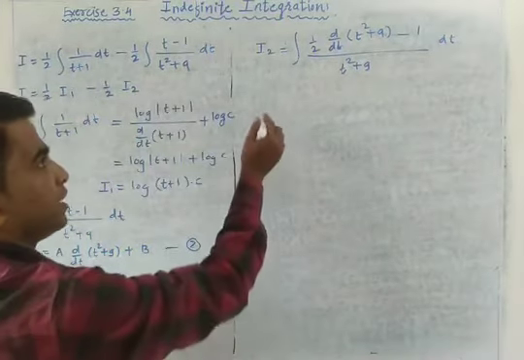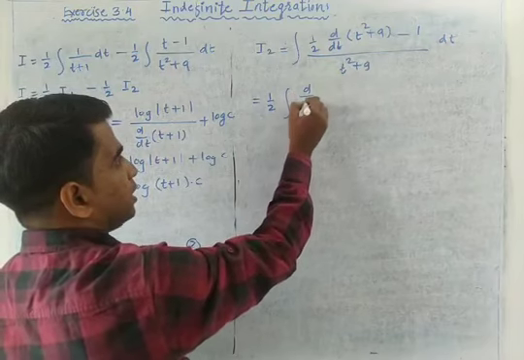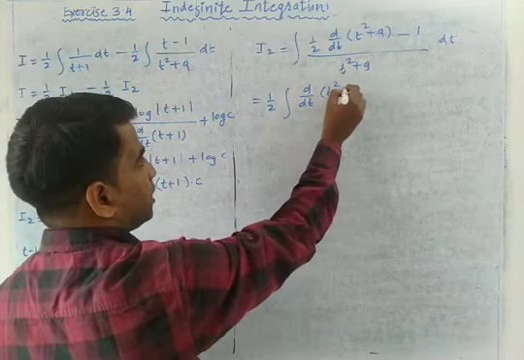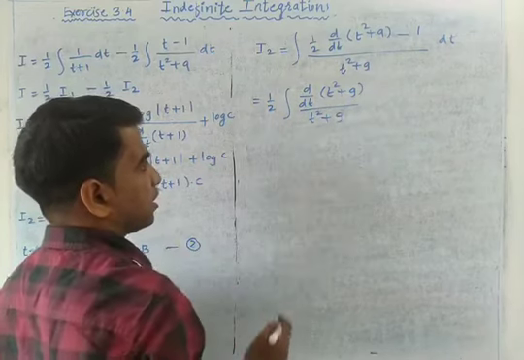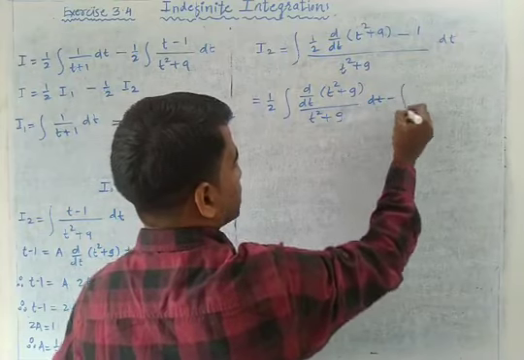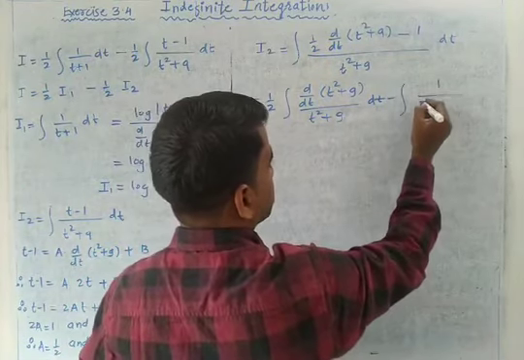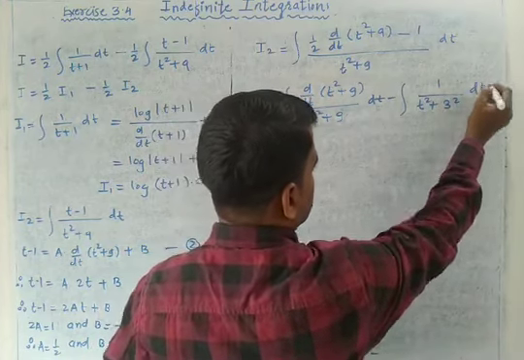Now separate the integration, take constant outside, so half integration of d dt of t square plus 9 upon t square plus 9 minus integration 1 upon t square plus 9, which can be written as 3 square, dt.